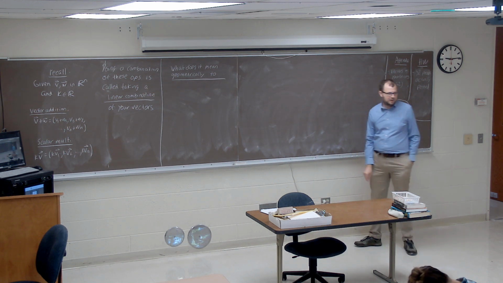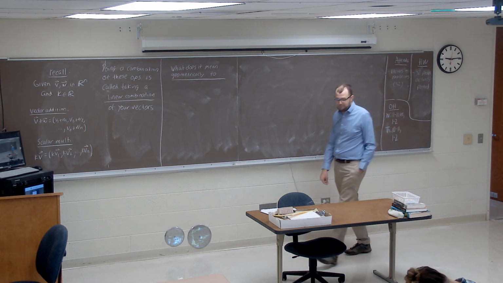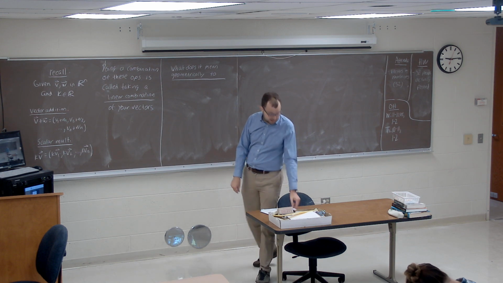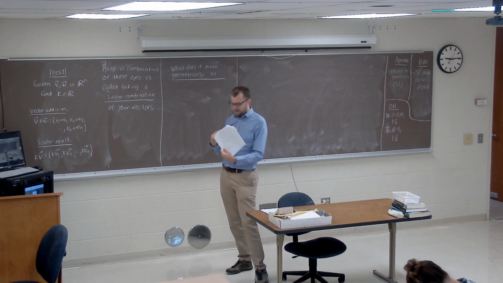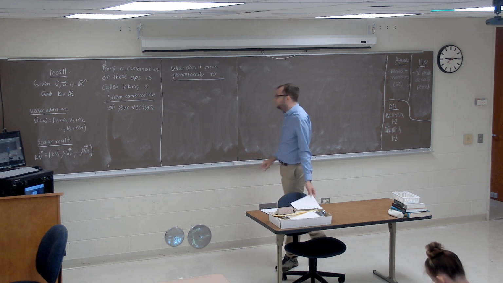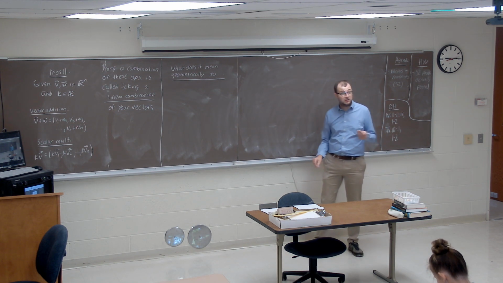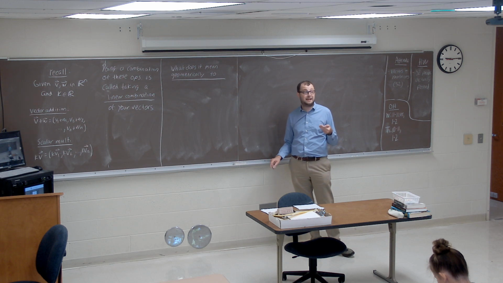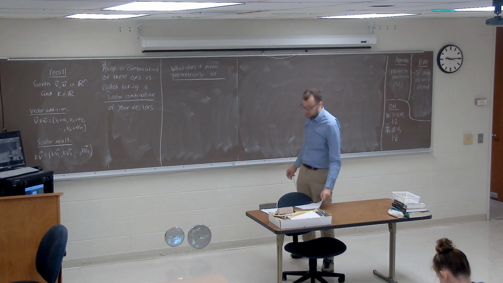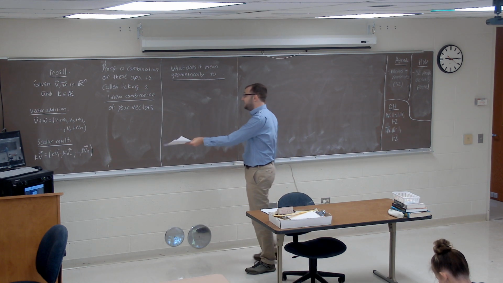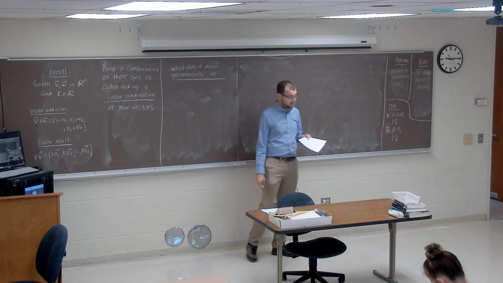So, before I move on to talking about dot products and taking magnitudes of vectors, which is our next thing, I'm going to talk a little bit about what it geometrically means to add vectors and multiply vectors by scalars. In other words, using our arrow picture from last class, what do vector addition and scalar multiplication correspond to in a geometric sense?